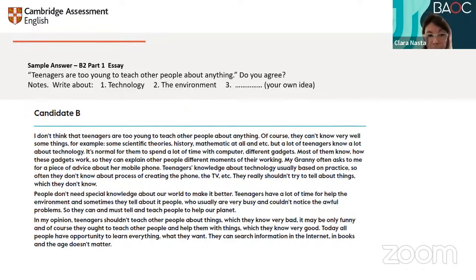This is a sample answer to this question. And you may also take some minutes to look at it and have a look, if you have it handy, at the assessment criteria for B2. I will show it to you too.